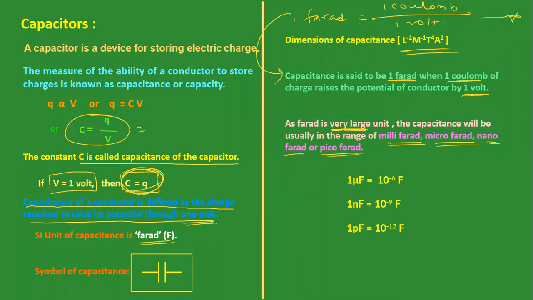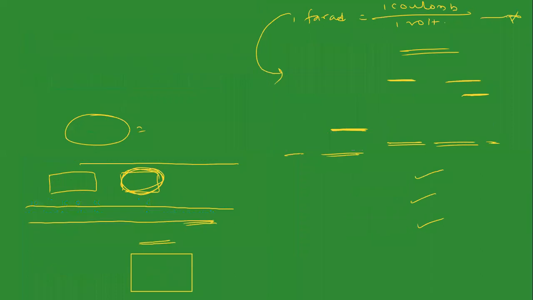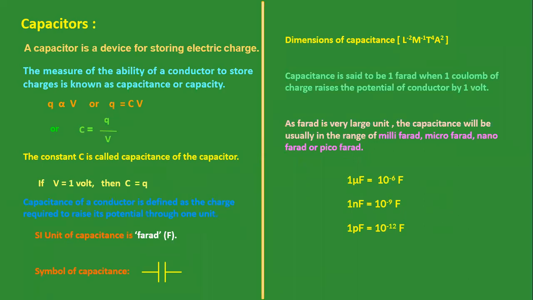Micro means 10 raised to minus 6 farad, nano means 10 raised to minus 9, and pico means 10 raised to minus 12 farad. These prefixes you have to use to solve the problems.